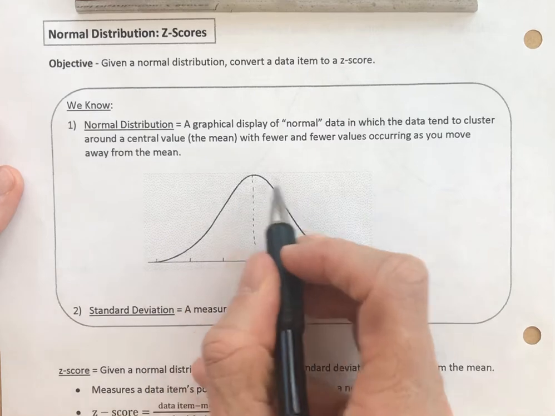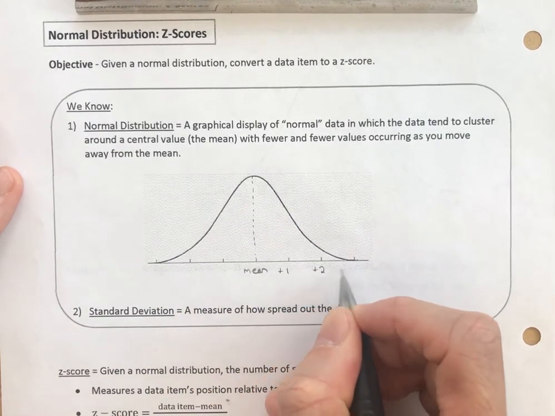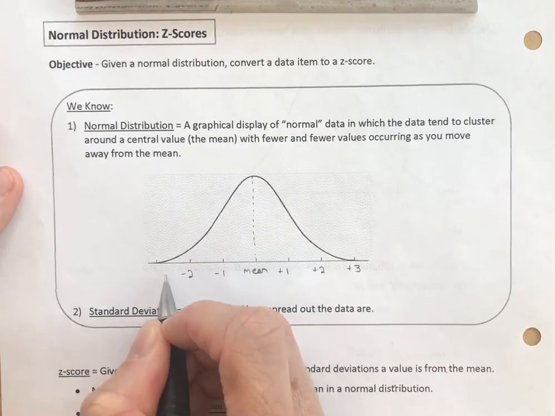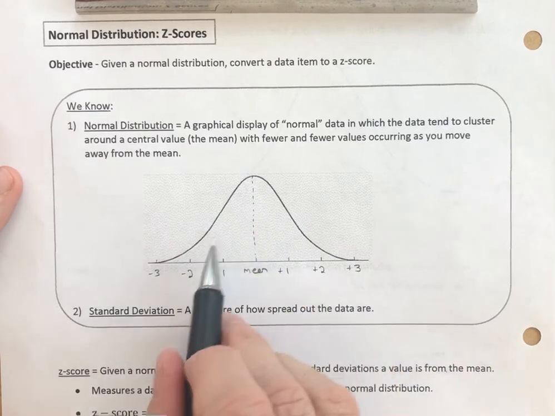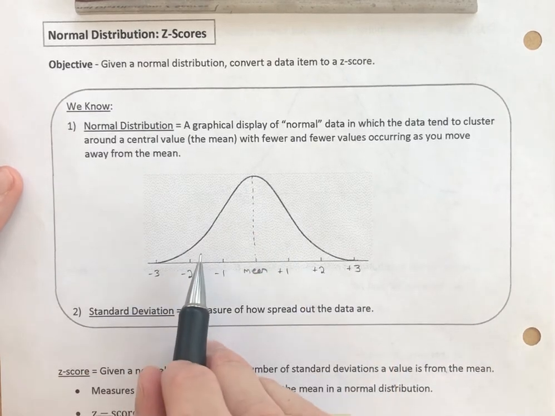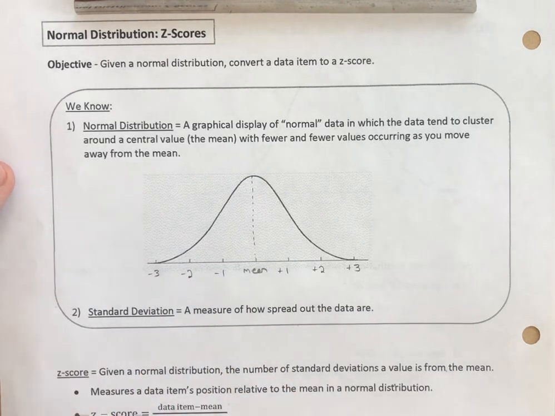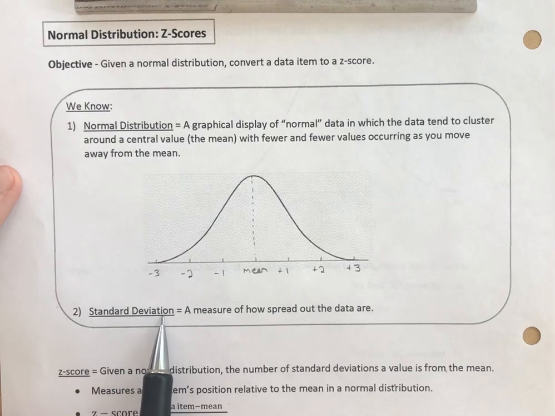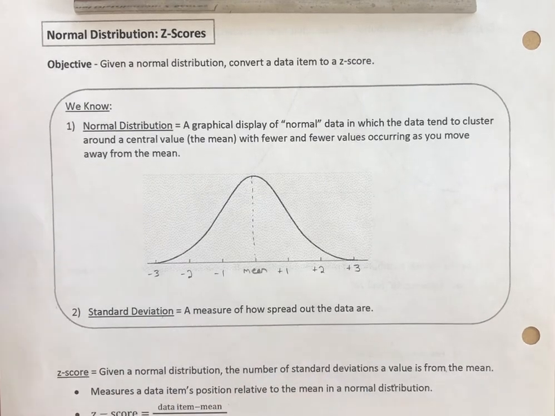We know it's symmetrical, and we know that as we move standard deviations above and below, the further we get from the mean in either direction, the fewer and fewer data items appear in that area, okay? We also know what a standard deviation is, a measure of how spread out the data are.